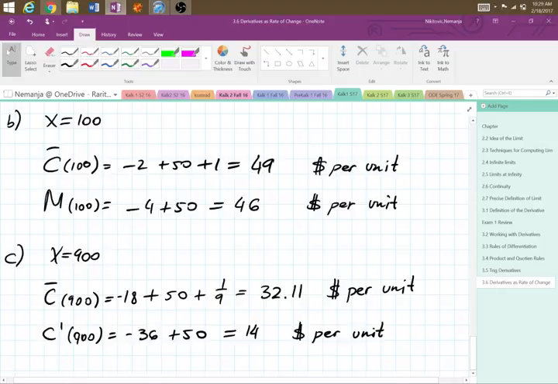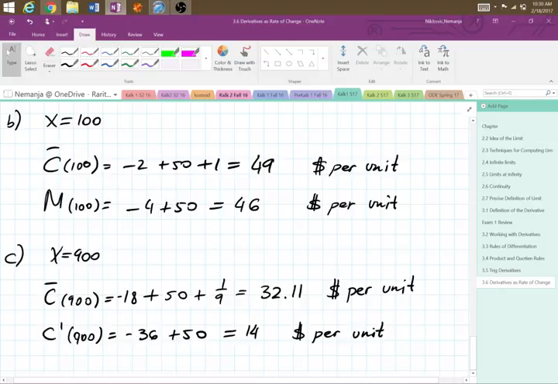The marginal cost is the cost of the unit you are observing. So I observed the 900th unit produced, and it cost me only 14 bucks to make it. I observed the 100th unit, and it cost me 46 bucks to make it.